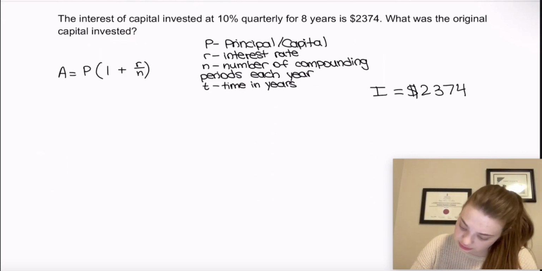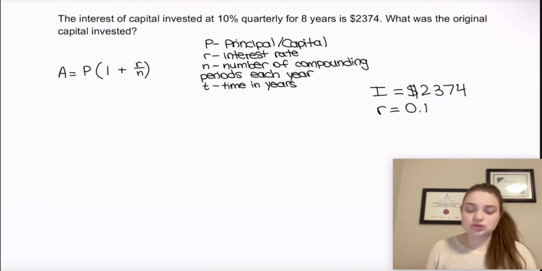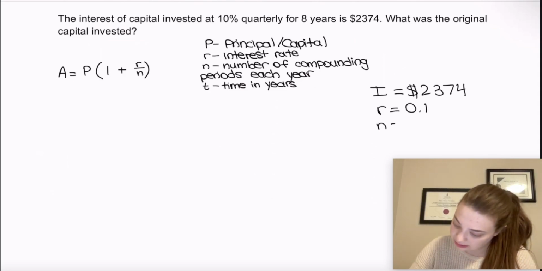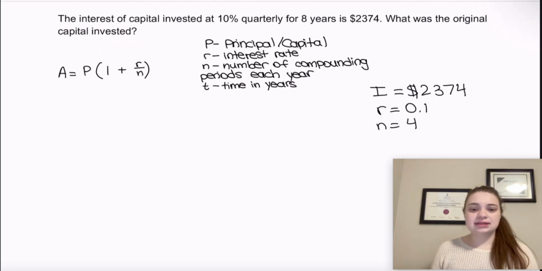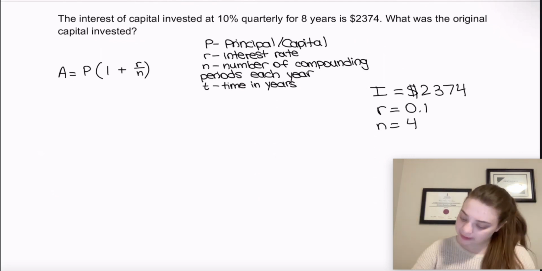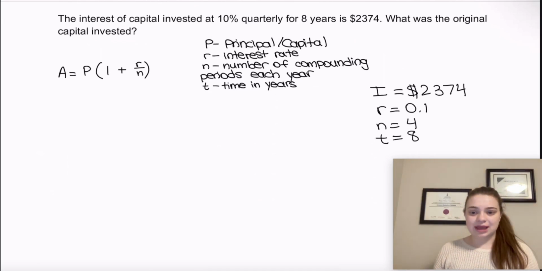So that means that the interest rate is going to be 10%. And then we also know it was compounded quarterly, so therefore n would be 4, because this occurs 4 times per year if it's quarterly. And then this happened for 8 years, so the time in years is going to be 8.